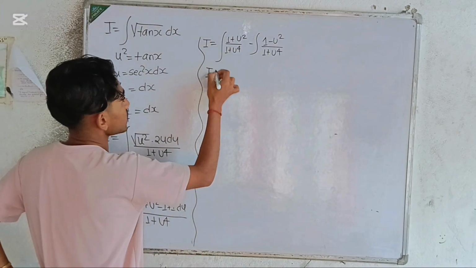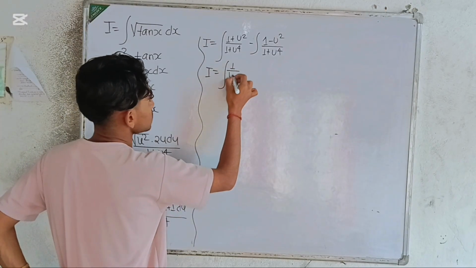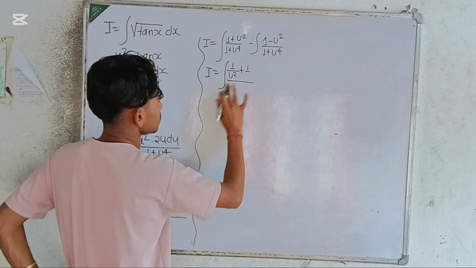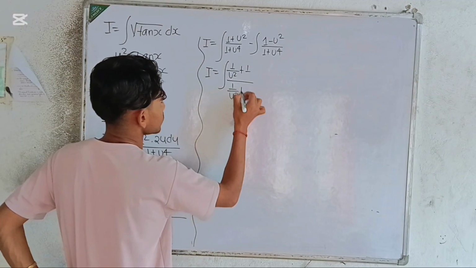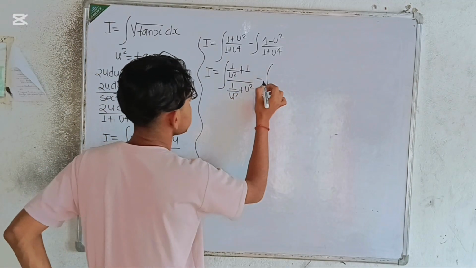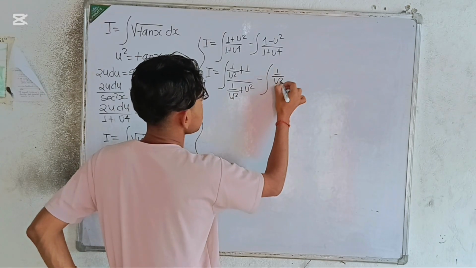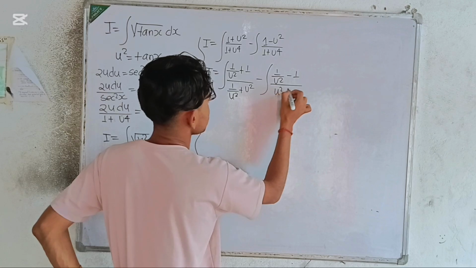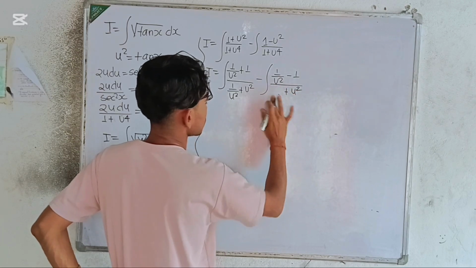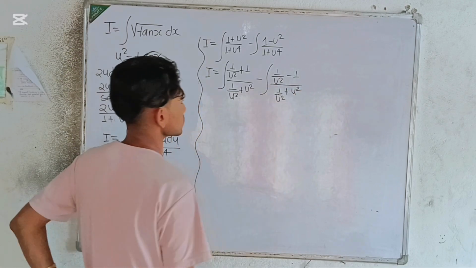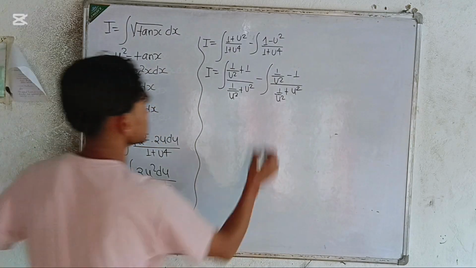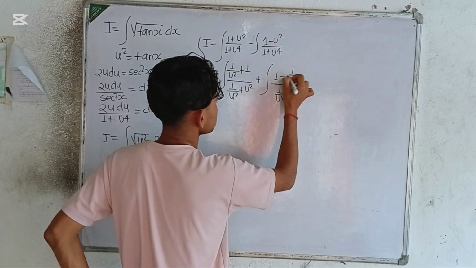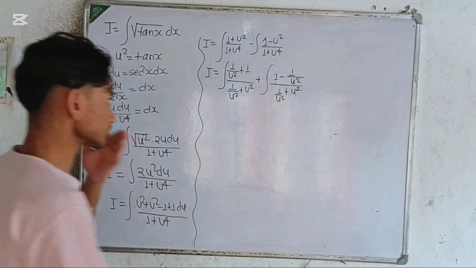So we got I is integral 1 over u squared plus 1 over u squared plus u squared, minus integral 1 over u squared minus 1 divided by u squared plus 1 over u squared plus u to the 4th. If I make this plus, I automatically have to make it 1 minus 1 over u squared, right?